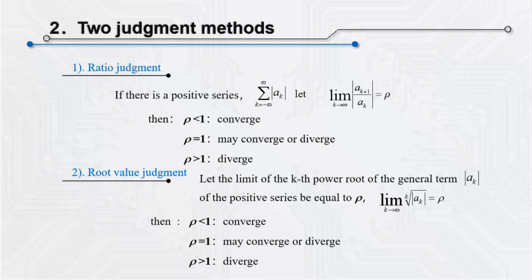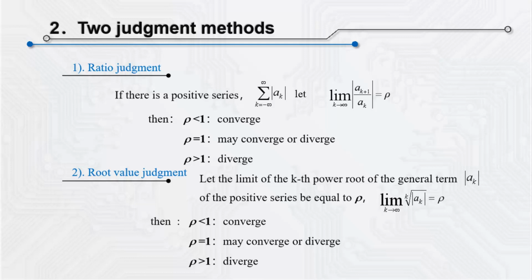Similarly, for the second method, the root value judgment method, we also set ρ for a positive series, equal to this limit form. Through proof, we find that when ρ is less than 1, the sequence converges.